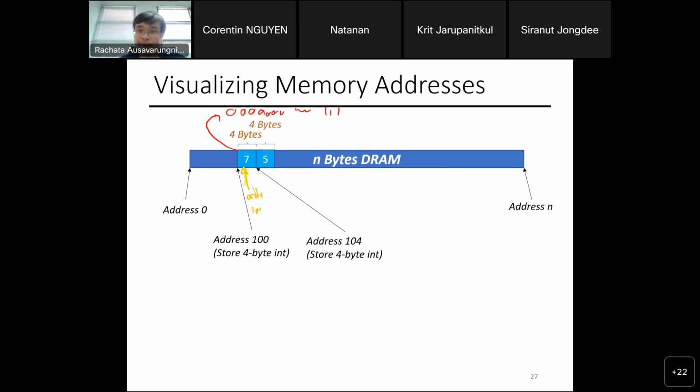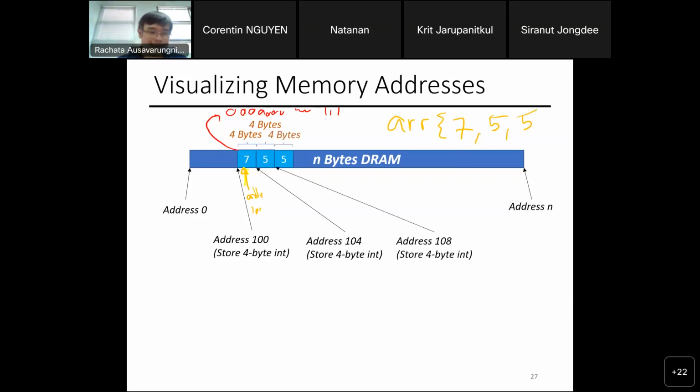Again, 4 bytes. If I have another number 5 in there, now let's say my array is 7, 5, and then 5. Then next to it, at address 108, another 4 bytes.